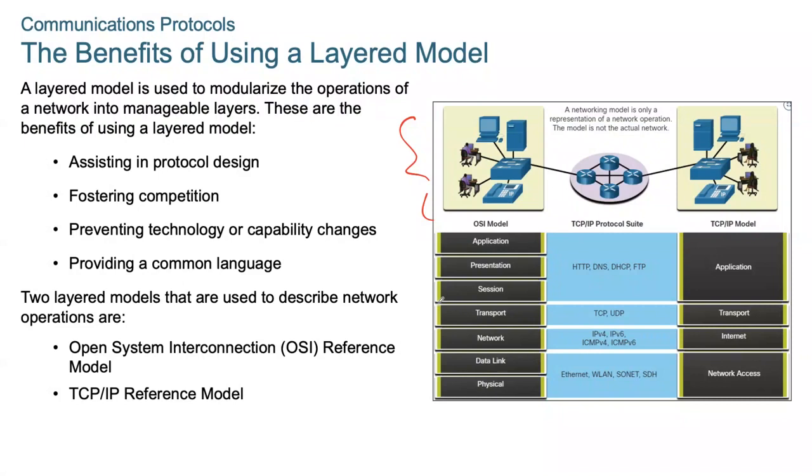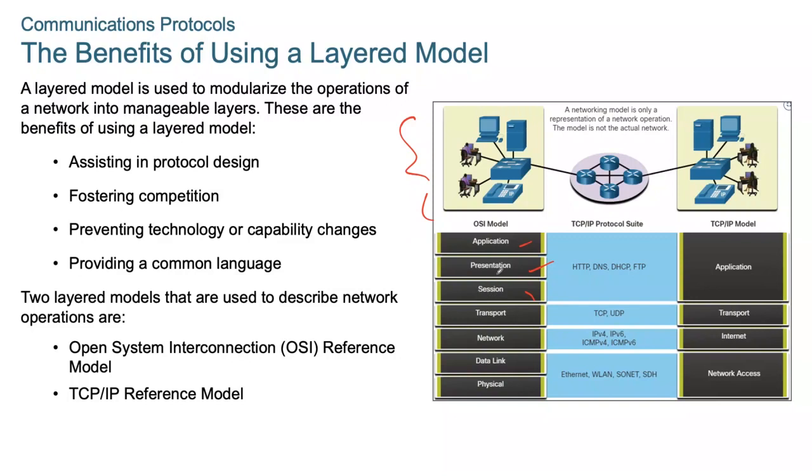Another is preventing technology or capability changes in one layer from affecting the layers above and below it. And the layered model provides a common language to describe networking functions and their capabilities.